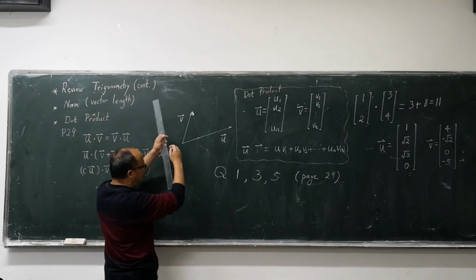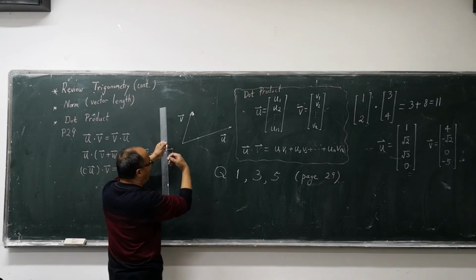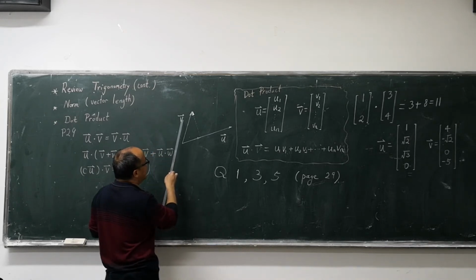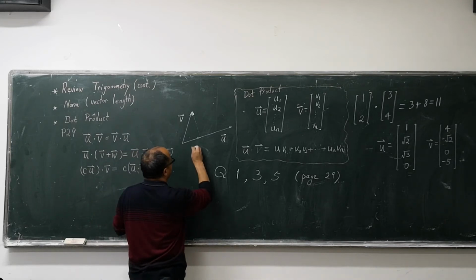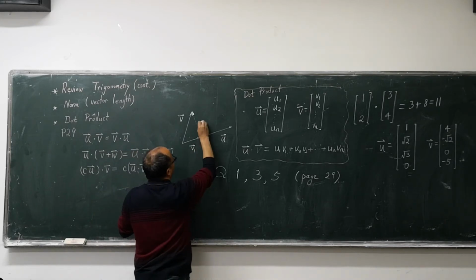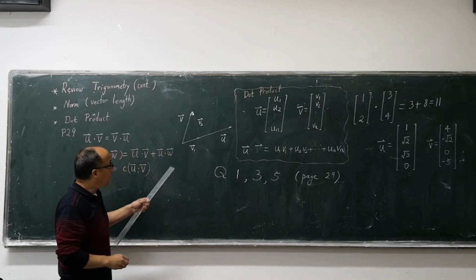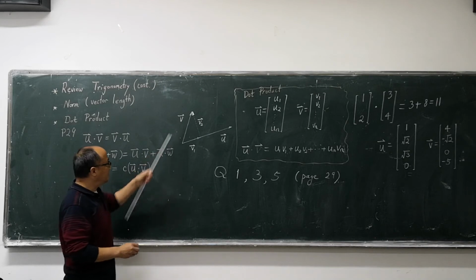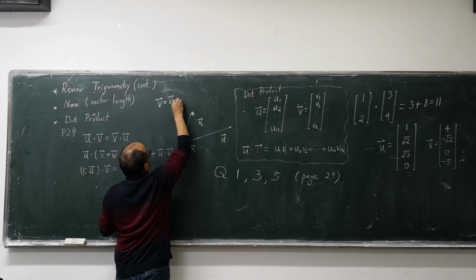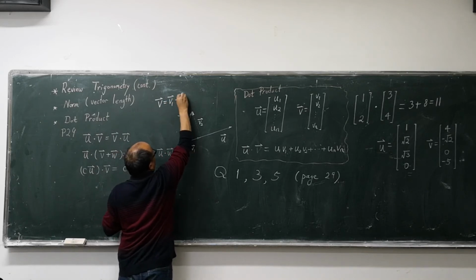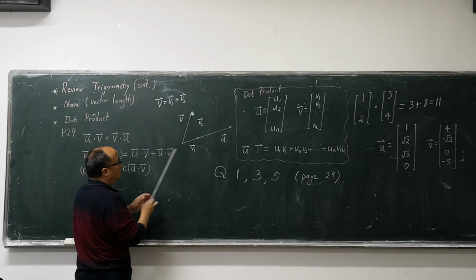Here, it's handy for my hand. So I disassemble this one into two vectors. One I label V1. One is V2. Okay? V is equal to V1 plus V2, right?